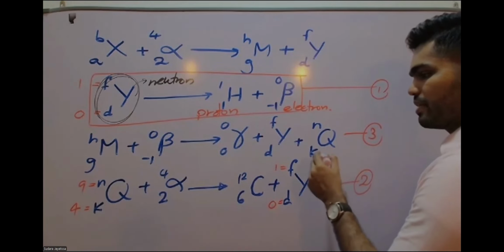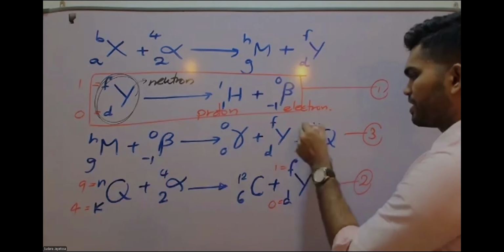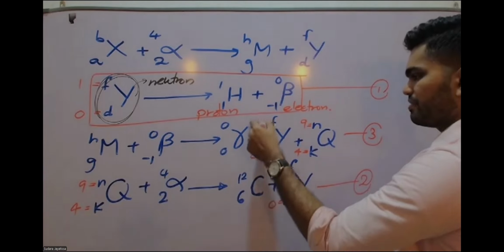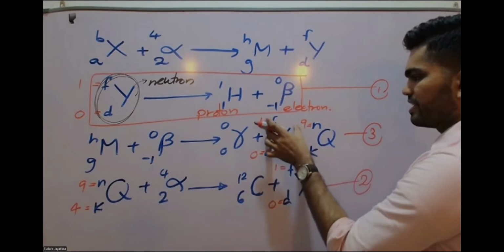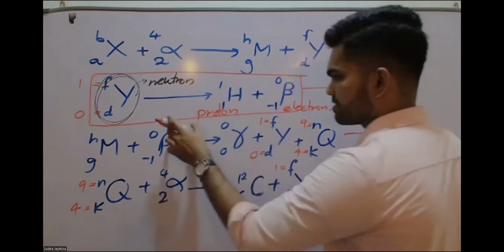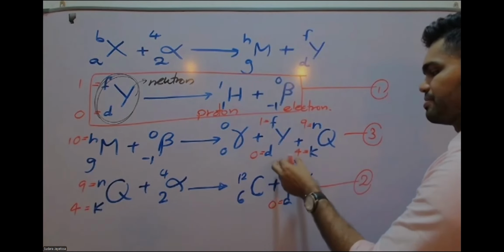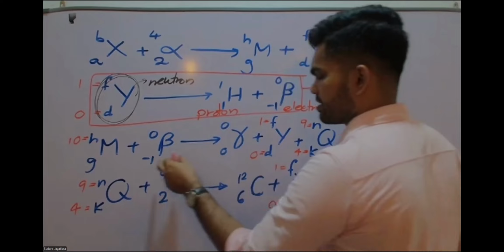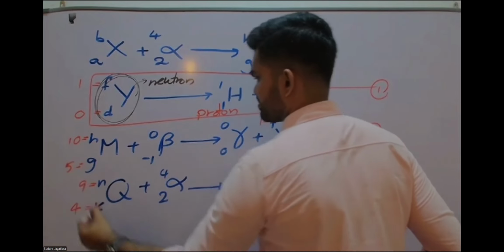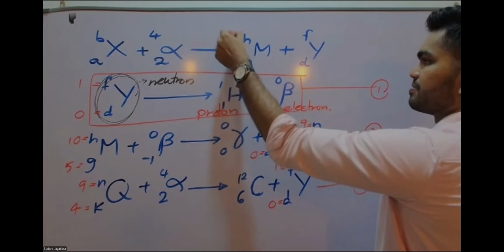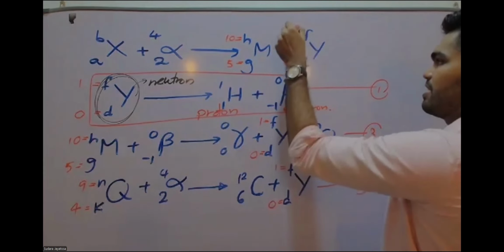Here now you know Q, it is 4 and 9, and this one you know 0 and 1, right? In this side you have 10, so it should be equal to 10. It's very simple now, right? 4 and it should be 5. So Mg-H, it is 5 and 10, and this is 0 and 1.